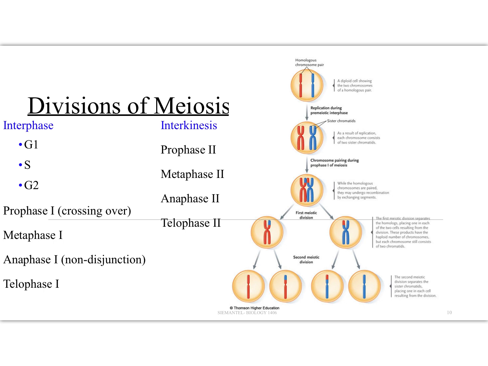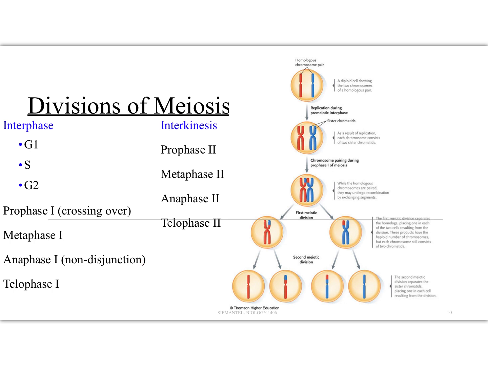Now let's talk about this term non-disjunction. Non-disjunction can actually occur in 2 separate places in meiosis. Non-disjunction is the failure of the homologous pairs or the failure of the sister chromatids to separate from each other. In meiosis 1, these homologous pairs should go into 2 different cells.